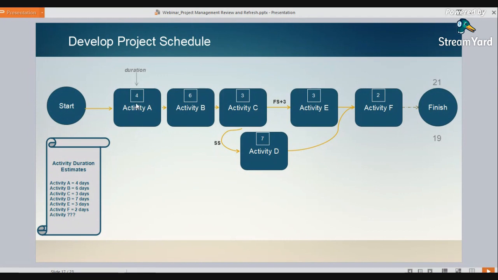I'll help you out with the math. 4 plus 6 is 10. 10 plus 7 is 17, because C and D start at the same time. Plus 2 days for activity F, we have 19 days. So we could see that the top line is our longest duration from start to finish. 21 days is longer than 19. That becomes our critical path.